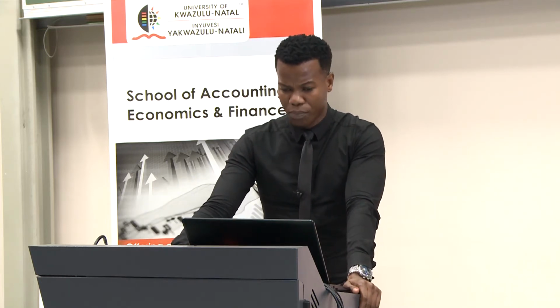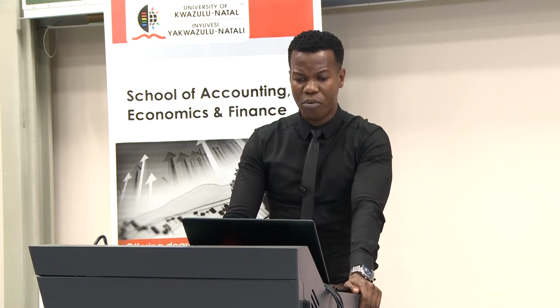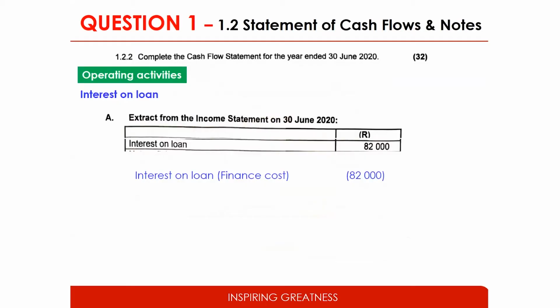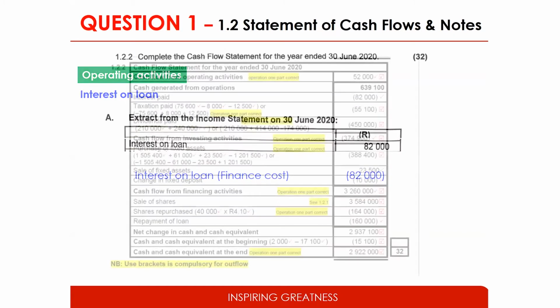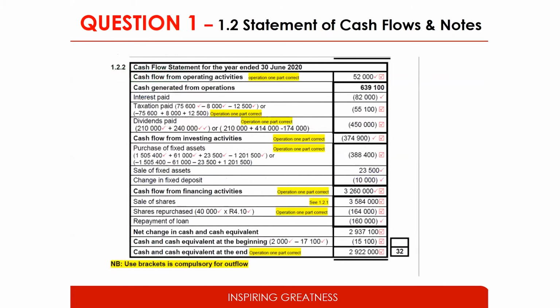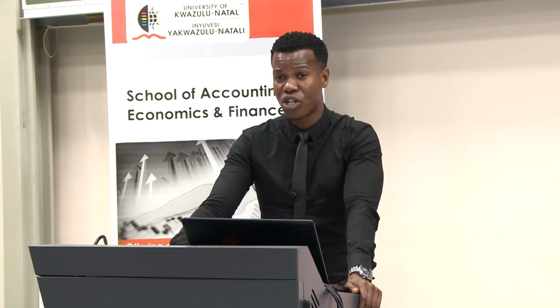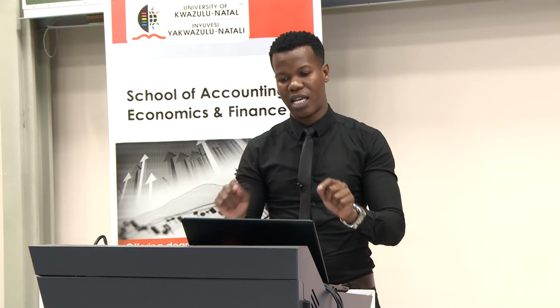First and foremost, our information that is presented to us from the extract of the income statement is that we had an interest on loan of 82,000 that we have paid. That is obviously for your operations, and it is an outflow in cash, so you need to clearly depict that outflow in cash by putting it in brackets.